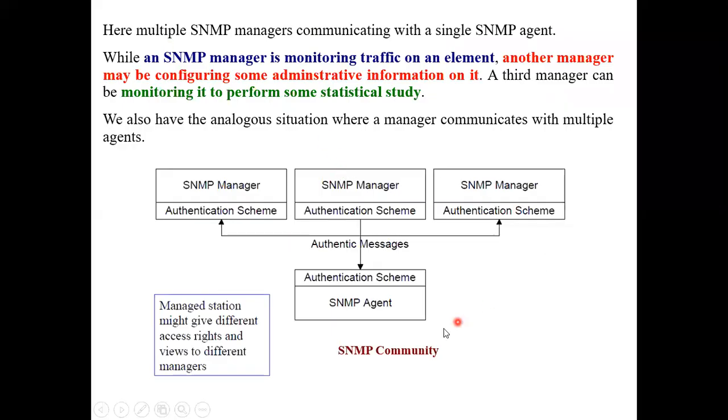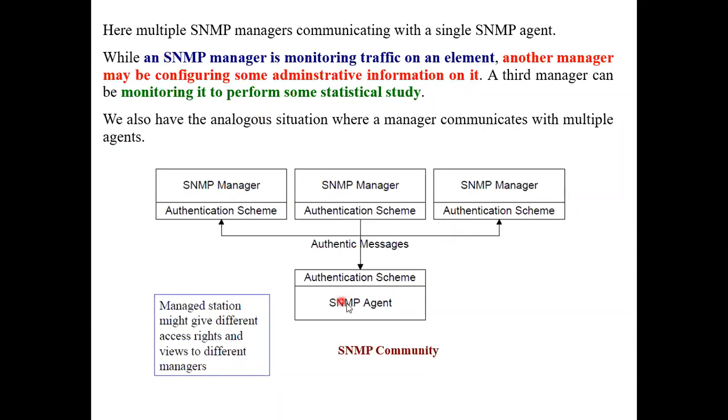Now, let's see an example scenario of an SNMP community. Here you can see there are multiple managers. This is one of the organization models. Remember we had many managers and 1 agent, and one of you had given the answer also that every manager is handling some different section.